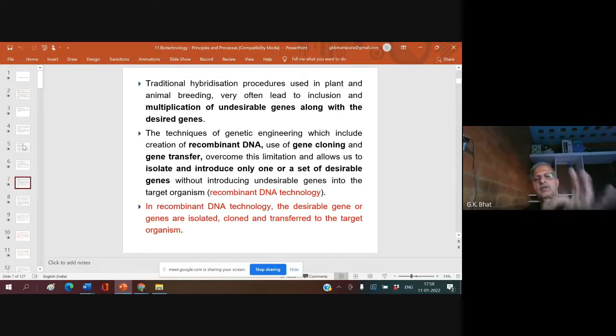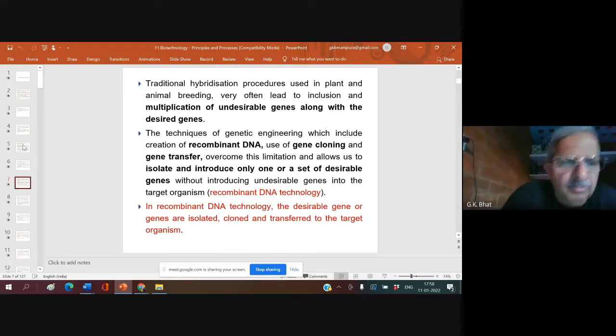Now let us try to understand this definition. What do you mean by this? Okay, please read this, whatever I have given in the red color, and one of you come forward to explain to me each and every word in this sentence.